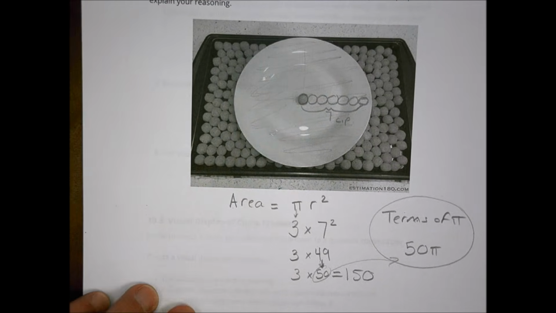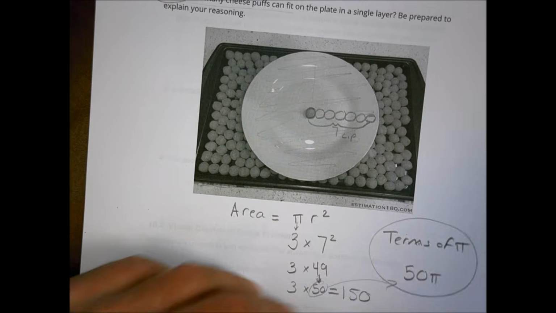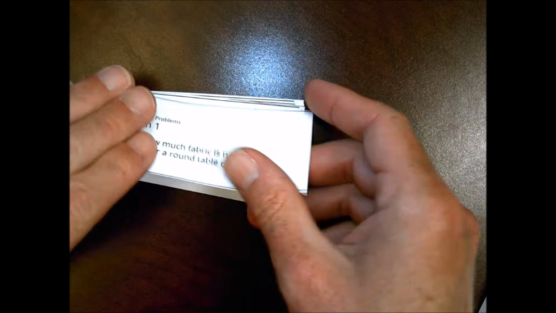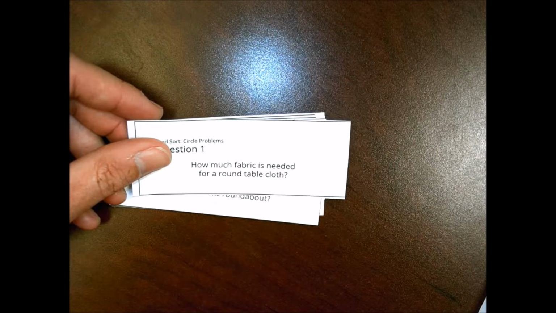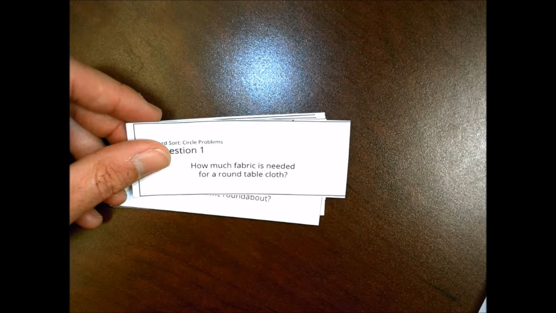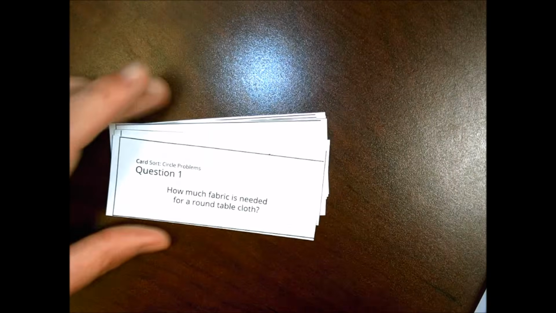All right. One of the next things you did in class is your teacher gave you some different cards with some questions on them. What you were supposed to do was sort the cards into 2 groups based upon whether you would use a circumference or an area of a circle to answer the question. So let's take a look at some of these questions.